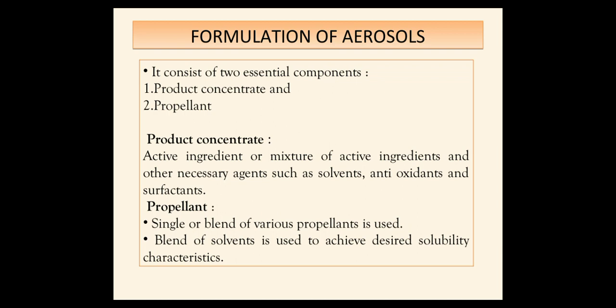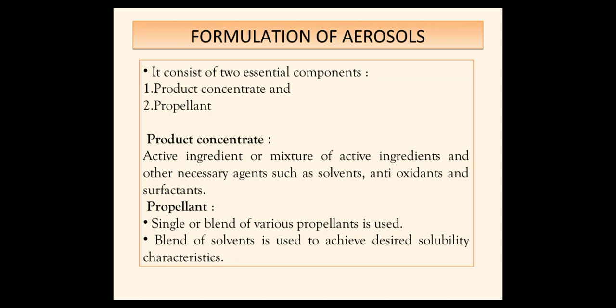Either a single propellant or a blend of various propellants is used. Why do we need to use a blend of propellants here? Because to expel the product out we need a specific pressure.